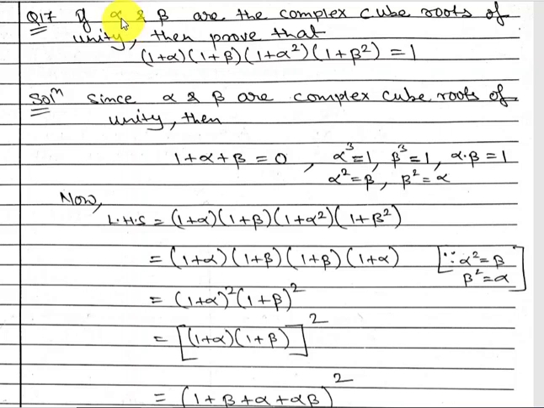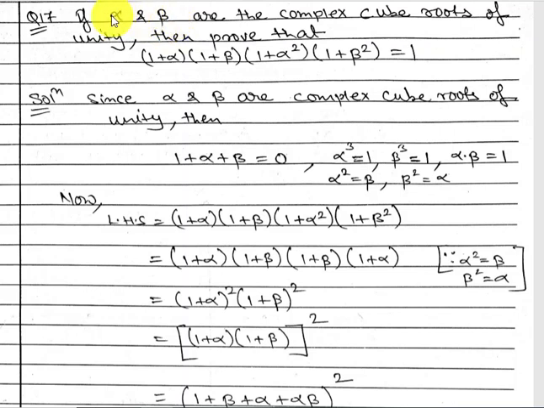So here alpha square is equal to beta, and beta square is equal to alpha.